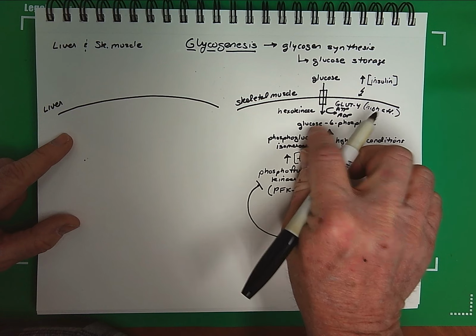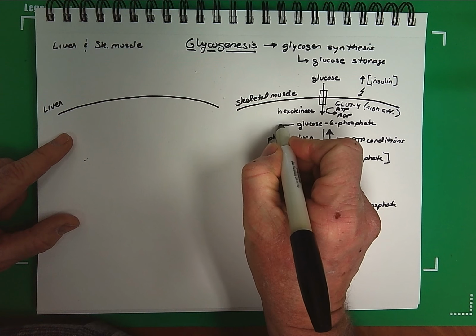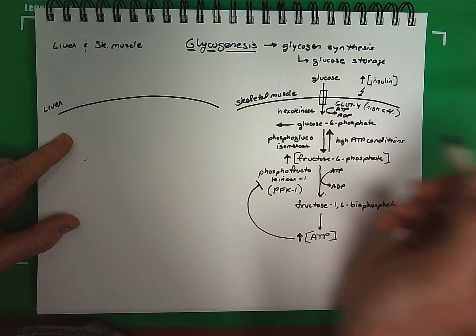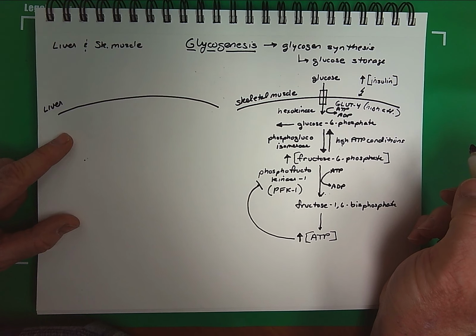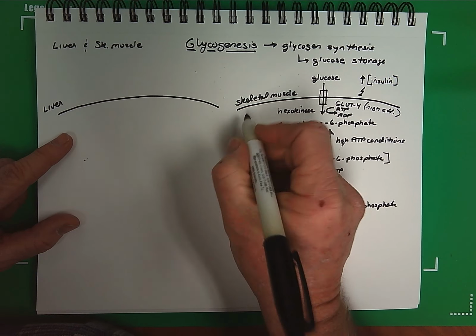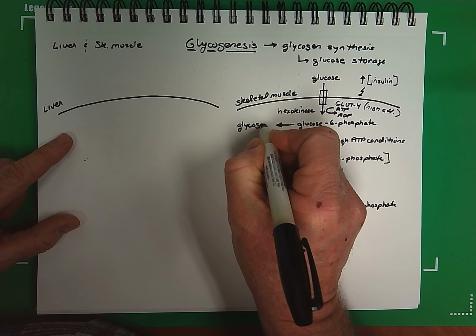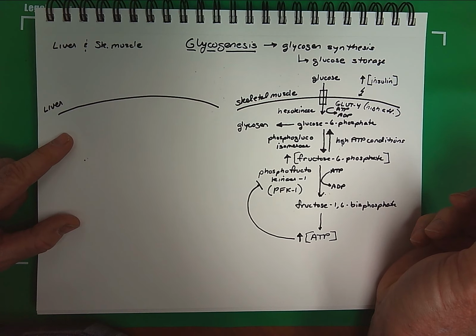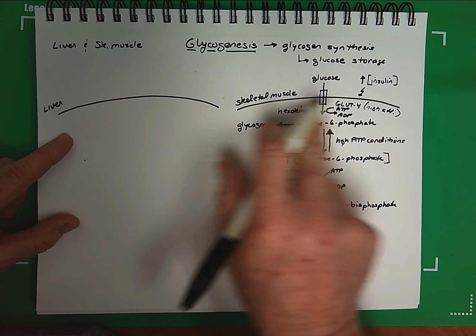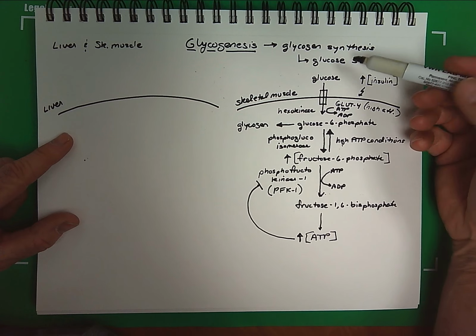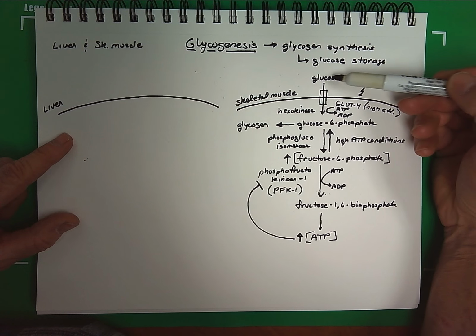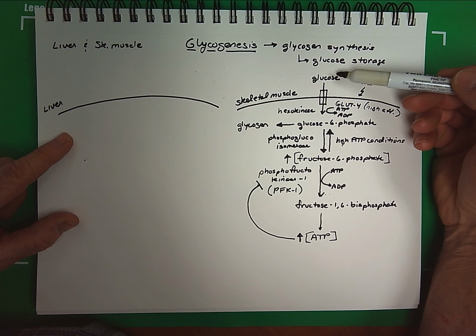So now what we're going to do is have a branch point beginning at glucose 6-phosphate. And it is this branch that is going to form glycogen. So in essence, in the skeletal muscle, the overall idea is that under fed conditions, we have lots of glucose in the circulation.